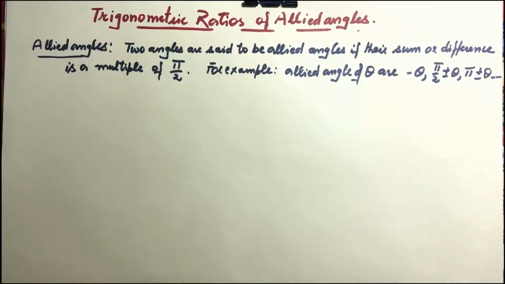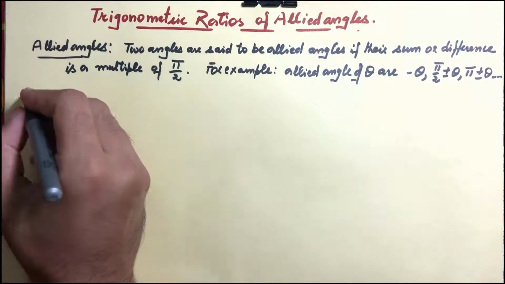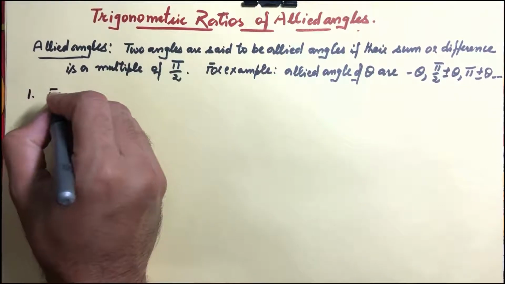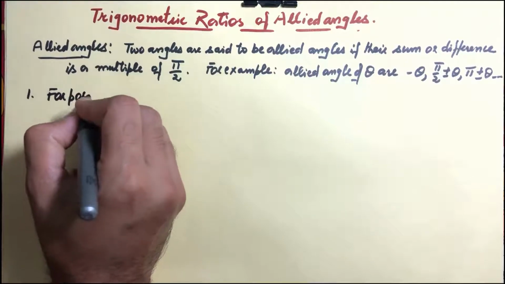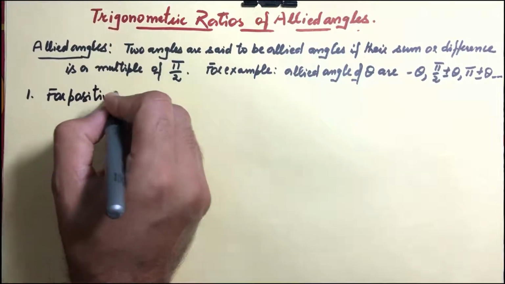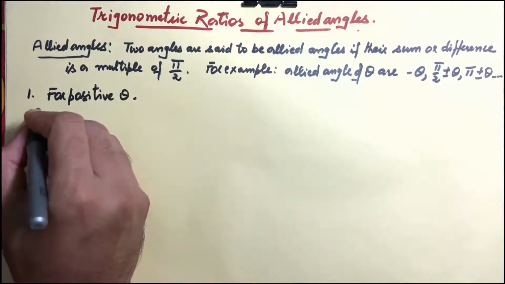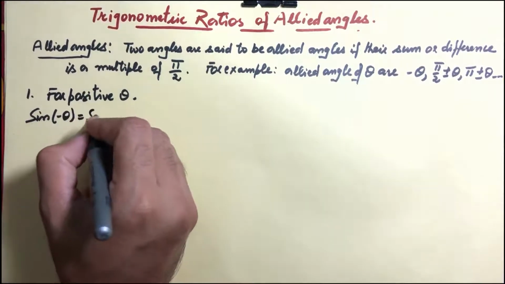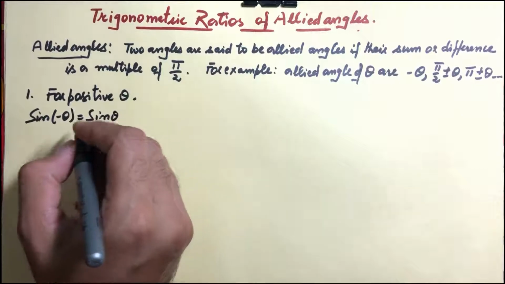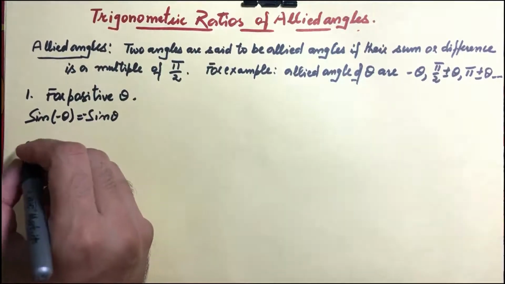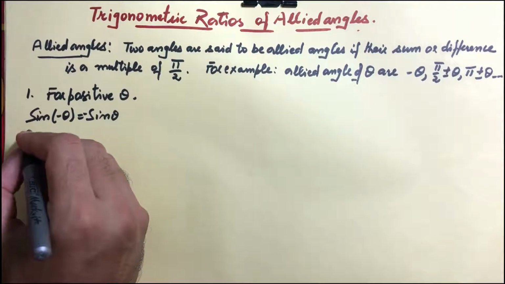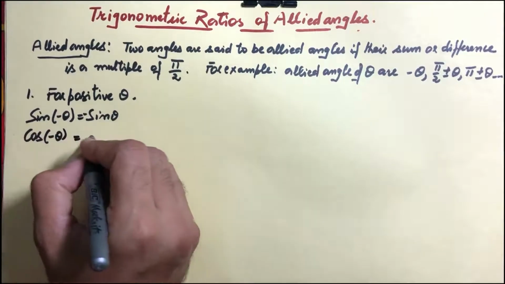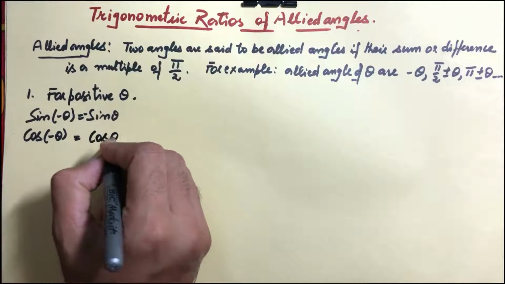Now we move towards the first result, that is, for positive theta we prove sine of minus theta is minus sine theta and cos of minus theta is positive cos of theta.